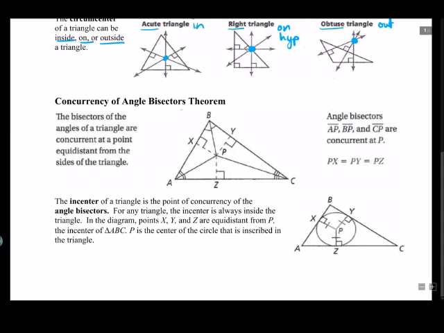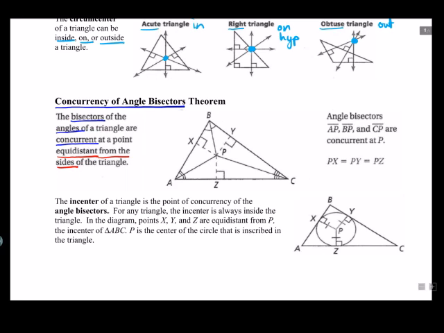Our next theorem is the concurrency of angle bisectors. So what does that mean? That means our angle bisectors are going to intersect. So the bisectors of the angles of a triangle are concurrent at a point that is equidistant from the sides of our triangle.